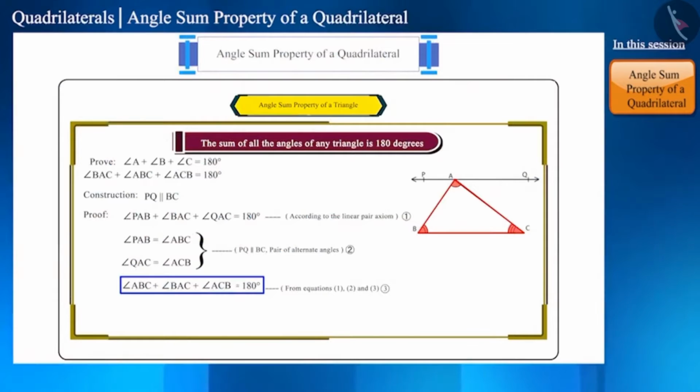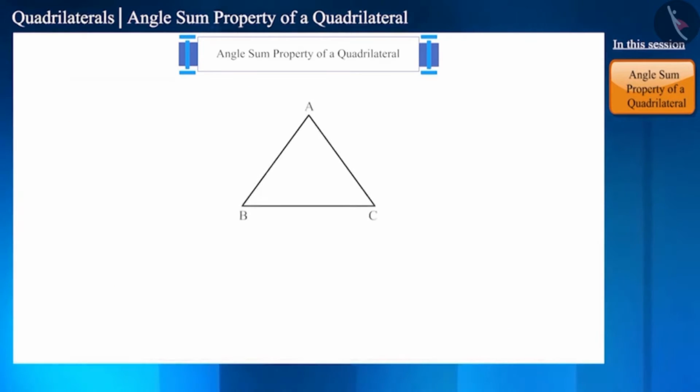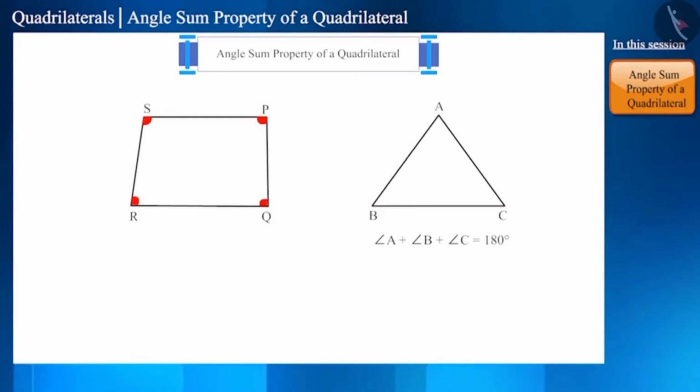Friends, we have studied the angle sum property of a triangle. We know that a triangle has 3 angles and the sum of the 3 angles of a triangle is 180 degrees. A quadrilateral has 4 angles.